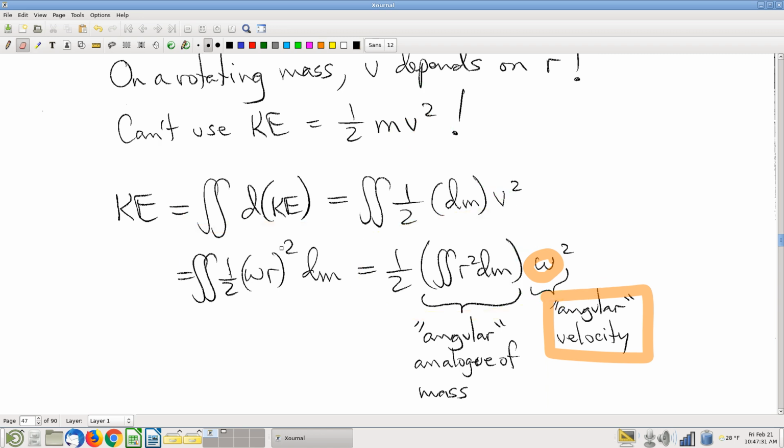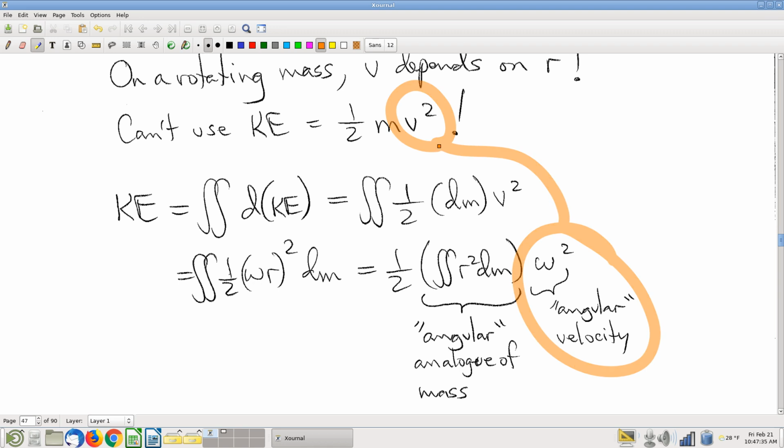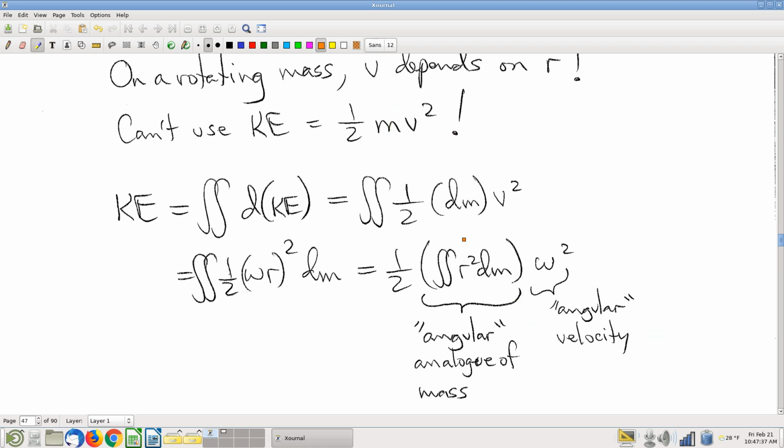And with that in mind, thinking of this as an angular version of velocity, likewise we're going to interpret this thing that's sitting in the same place that m is as being an angular analog of mass. In this kind of 1/2 something times something squared structure, this thing plays the role of mass.